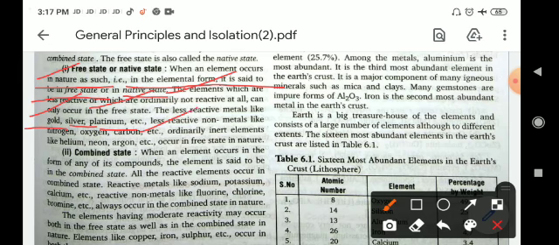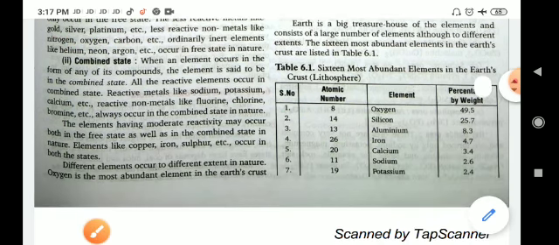Less reactive nonmetals like nitrogen, oxygen, carbon, etc., and ordinarily inert elements like helium, neon, argon, etc. occur in the free state in nature. All these types of elements are present in nature in the free state due to their low reactivity.